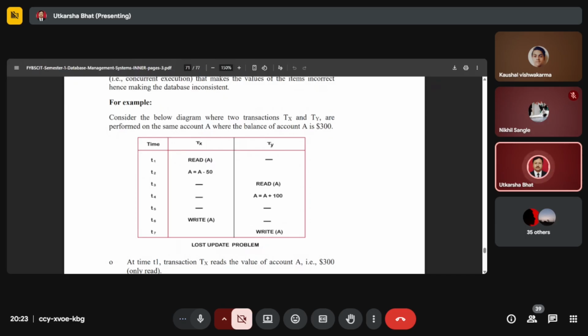So suppose read A, A is equal to A minus 50. Then write A. Then read A, A is equal to A plus 100. Then write A. Lost update problem here.